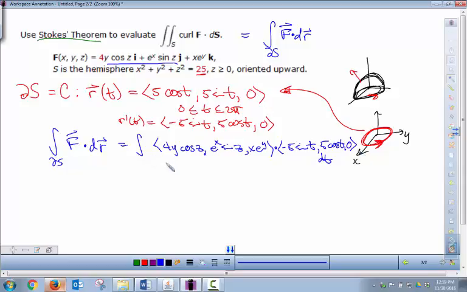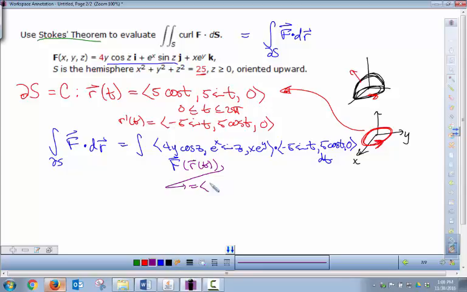Well, this is f right now. But what you need to do is evaluate this with r of t. So your actual function is going to be, well, the interesting thing is that z is equal to 0.